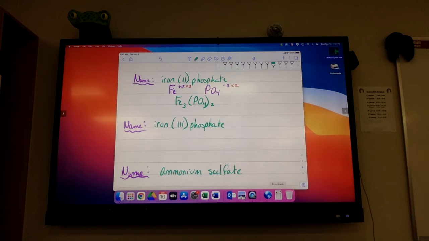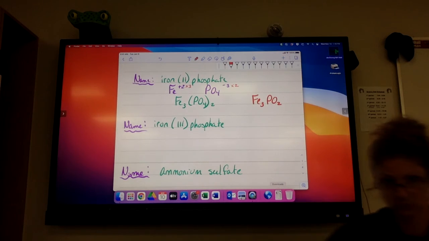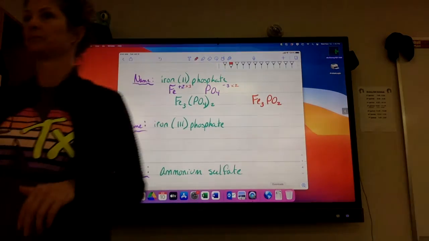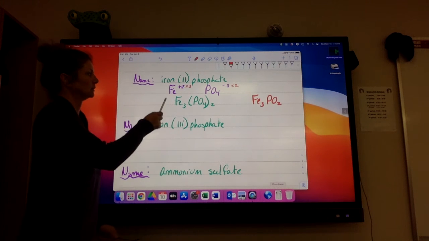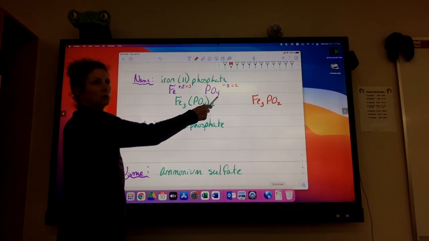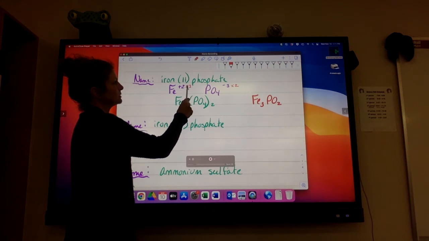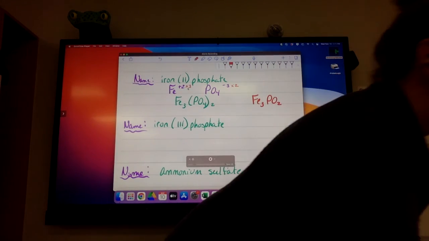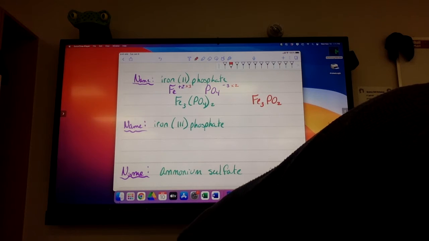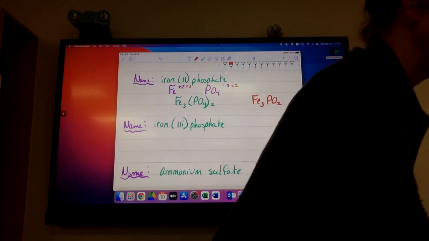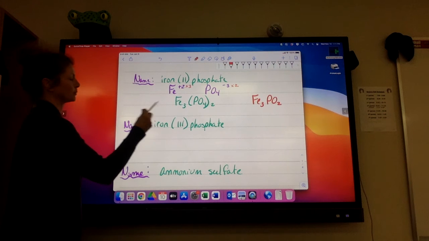Now, I'm going to show you what the top wrong answer is. I'm going to put it in red so I can erase it. Fe3PO2. That's the top wrong answer. What did they do wrong? Besides everything. They took this PO4 and they're like, oh, that 4 now needs to be a 2. Sorry, I had a brain melt.